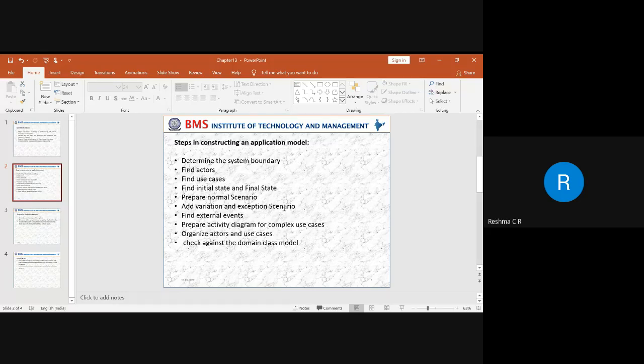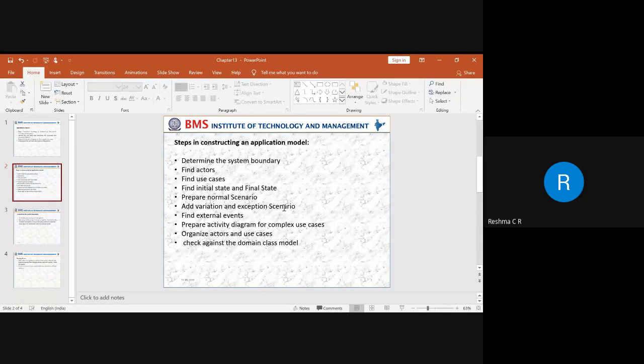When you treat the system as a black box, whatever the functionalities or processing are there, will not be seen by the external user, with respect to the outside world.